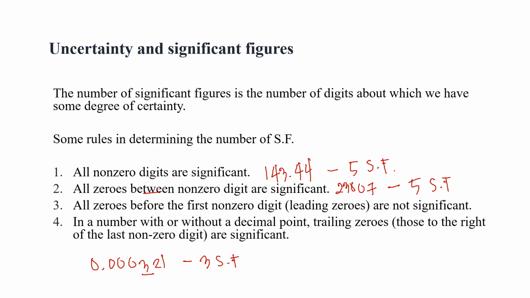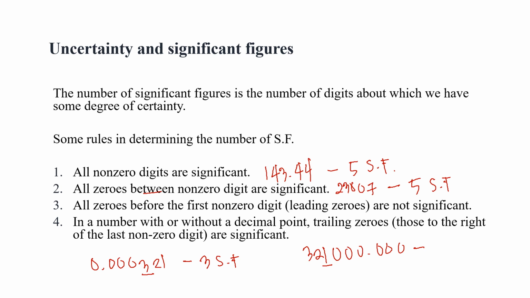So let's say, for example, you have 321,000.000. These are already trailing zeros, zeros to the right of our last non-zero digit, 1. So all the zeros here should be counted as significant.